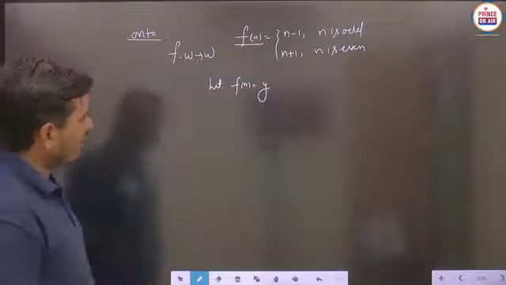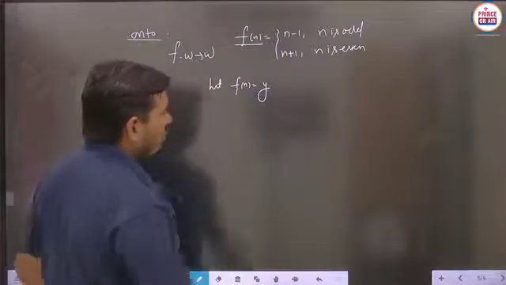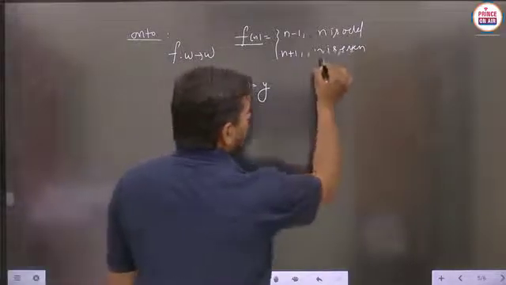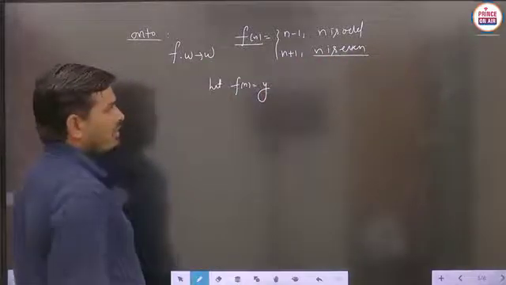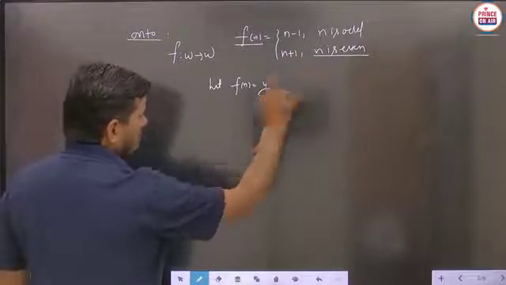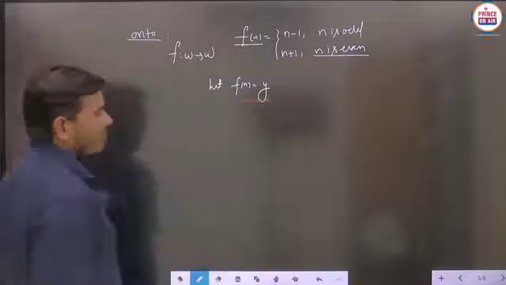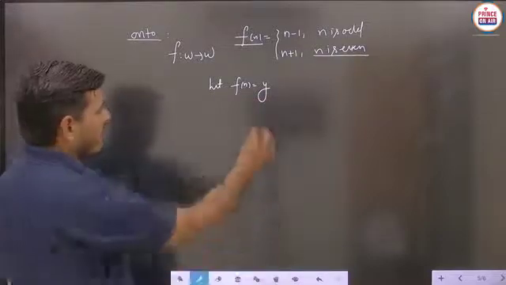Then students, if we take 0, then 0 lies in the even case. If we take the value 0, then 0 plus 1 will be 1, so definitely it will be an odd number.